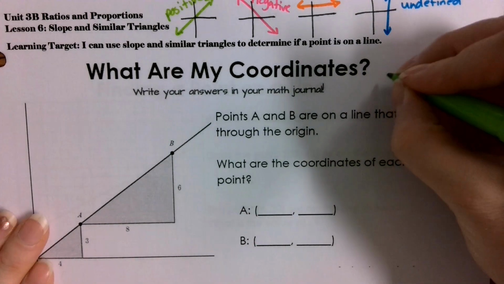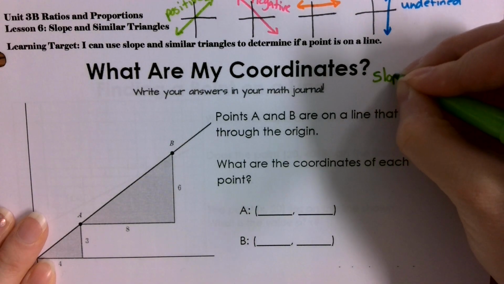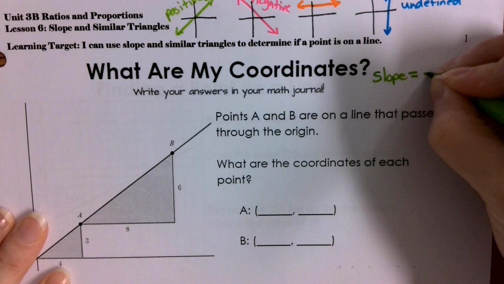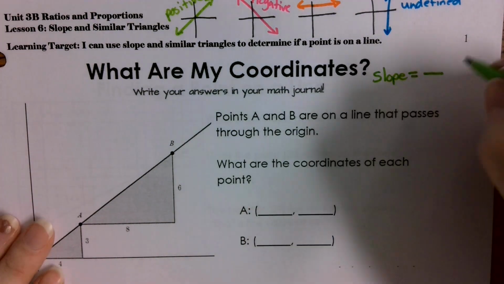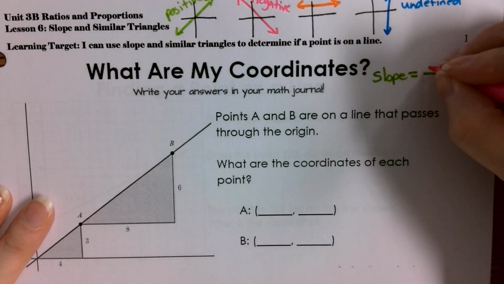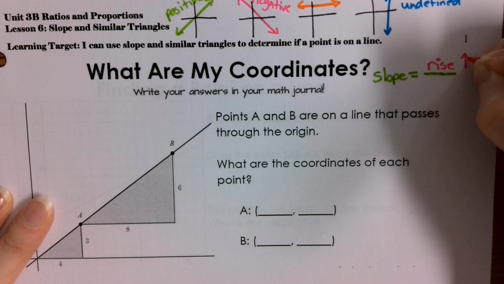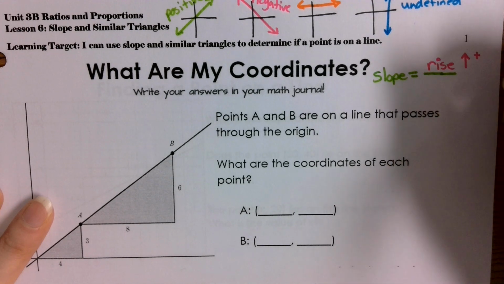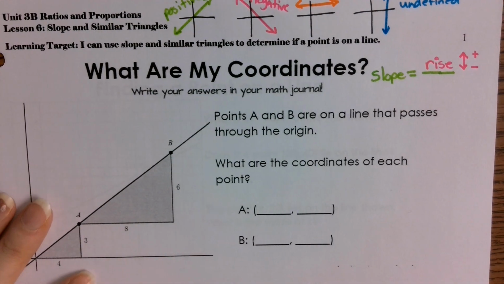So right over here, I want you guys to write slope equals, and you're going to draw a little fraction bar. That fraction bar is going to have rise on the top, which is the value that goes up if it's increasing, or down for decreasing.